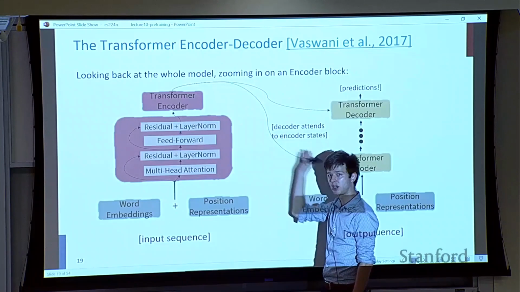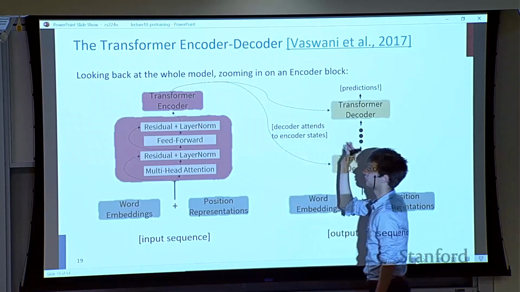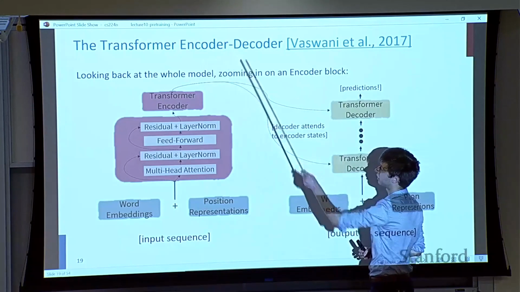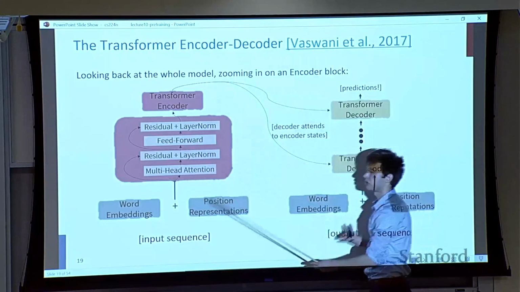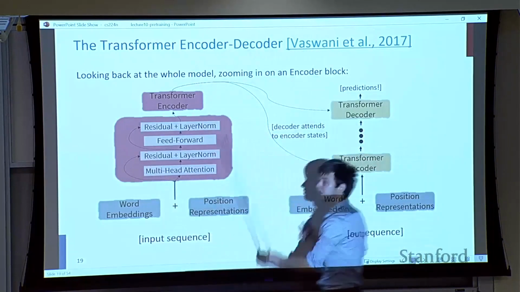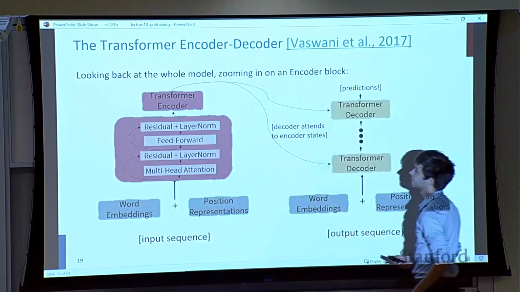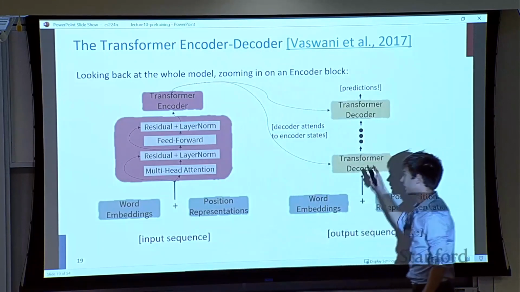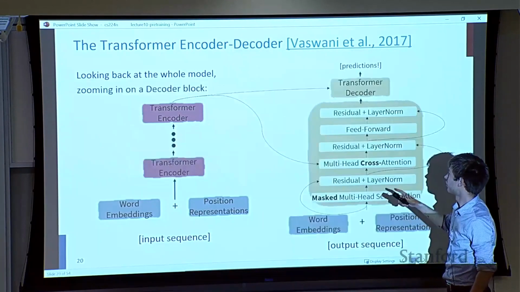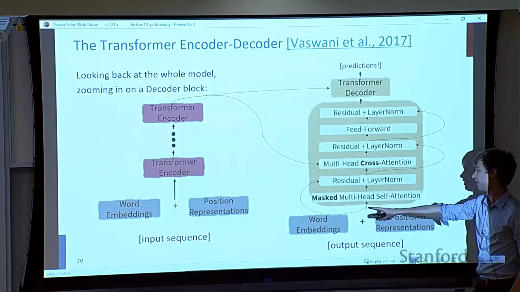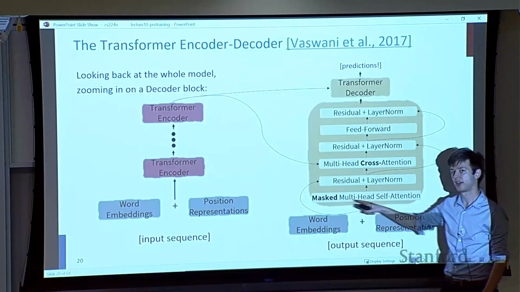Okay, so when we talked about machine translation, when we talked about the transformer encoder-decoder, we talked about this whole thing. But you could actually just have this left column, and you could actually just have this right column as well. Although the right column changes a little bit if you just have it. So remember, the right column, we had this masked multi-head self-attention, right?